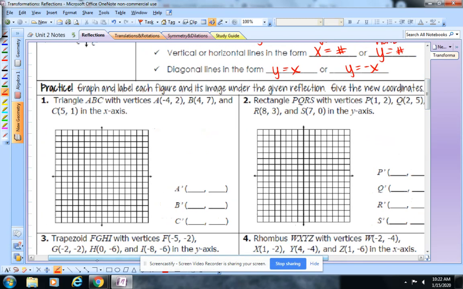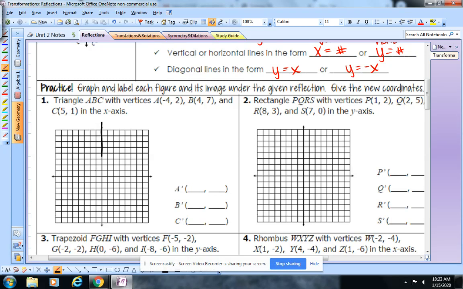Triangle ABC with vertices A negative 4, 2, B is 4, 7, and C is 5, 1. And we want to reflect it in the x-axis. Now, the first thing we're always going to have to do is graph the original image. Okay? So I cannot see my x and y axis, so I'm going to bold those. Y'all can see it better on your paper, I think, than I can mine.